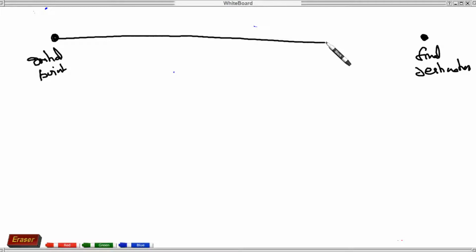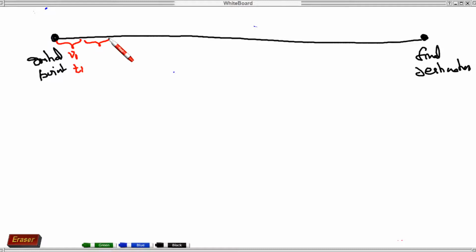Suppose this is our initial point, this is our final point or final destination, you can say. This is the distance traveled. Suppose from here to here the speed was v1 and the time taken is t1.